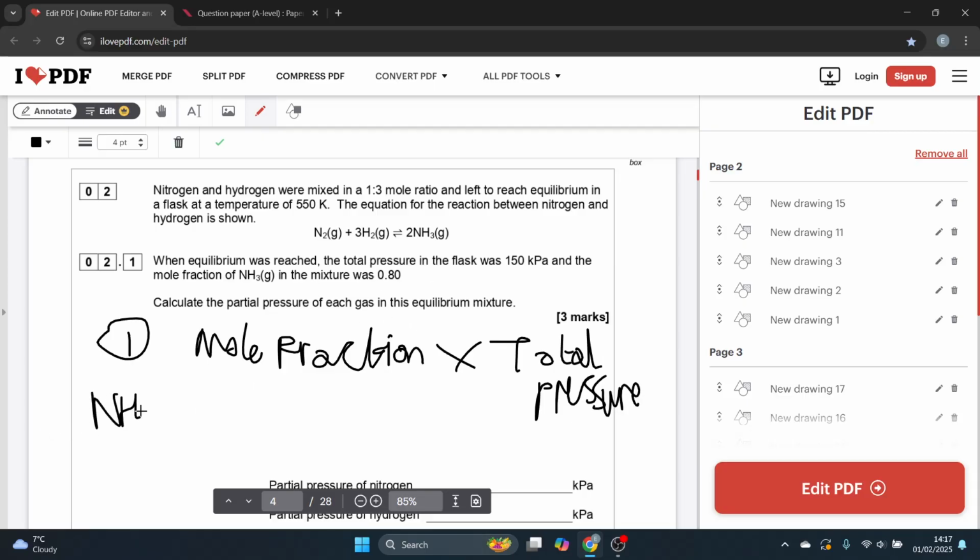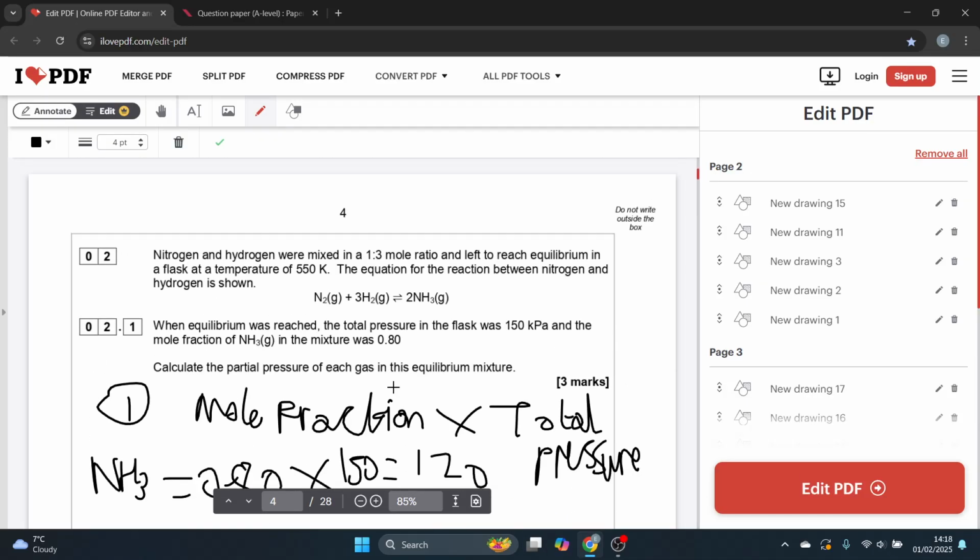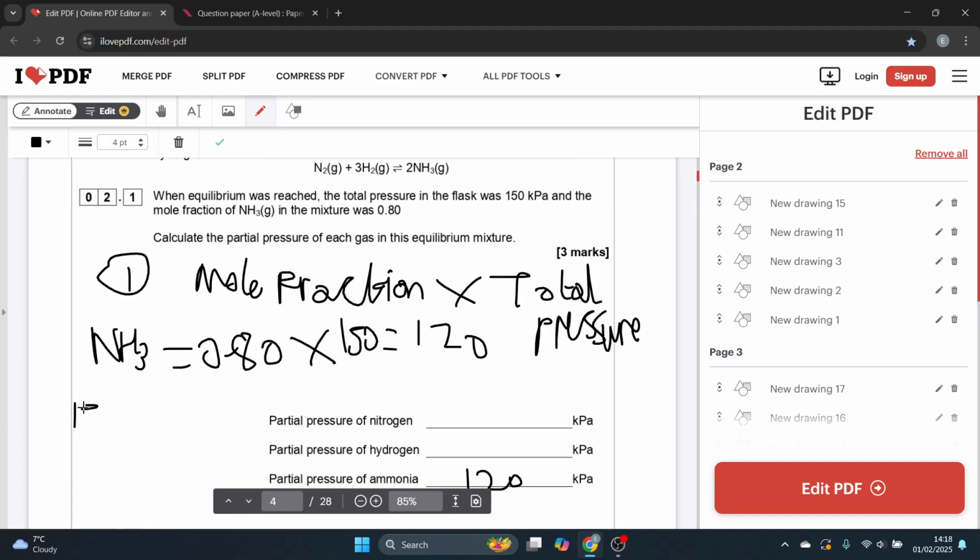For NH3, it's just going to be 0.80 times 150, which is 120. Now that's for ammonia. To find the remaining, I know the total pressure is 150 minus 120, so I've got 30 kilopascals remaining.